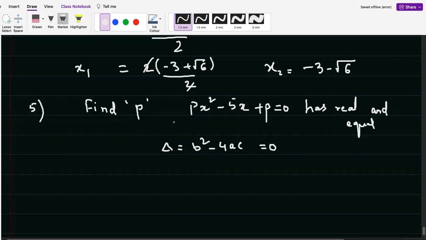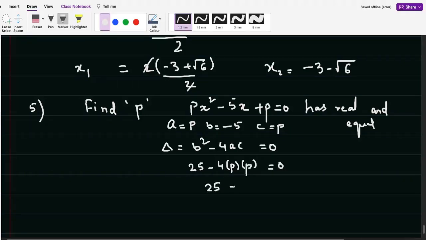So here everything lies in b square minus 4ac. What is b? A is p, b is negative 5, c is also p. So we get 25 minus 4 a c equal to 0. 25 equal to 4 p square. 4 p square is 25.